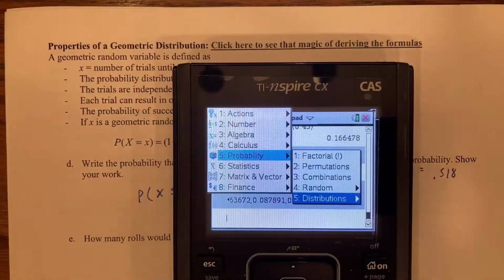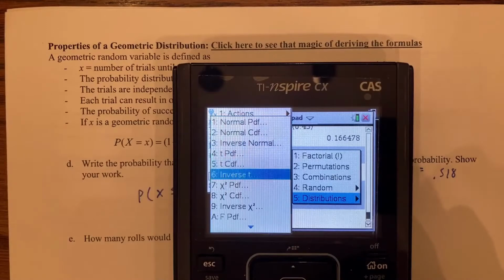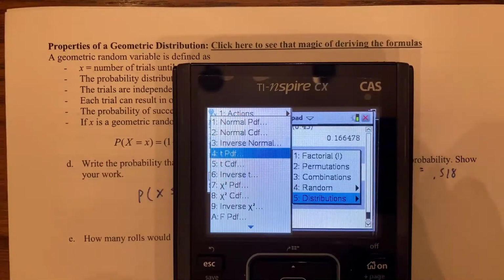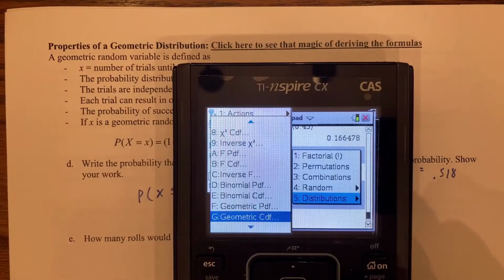distributions. So at this point, we know about the binomial distribution, we know about a geometric distribution, and there's a normal distribution, which we'll learn about next. We have chi-squared distributions, t-distributions, binomial distribution, geometric distribution.